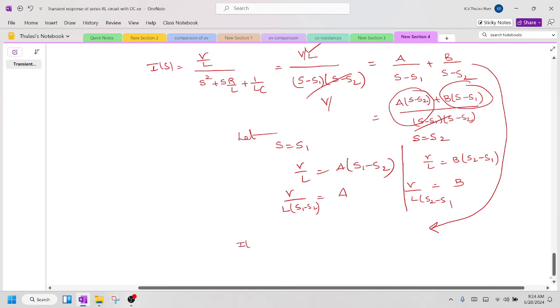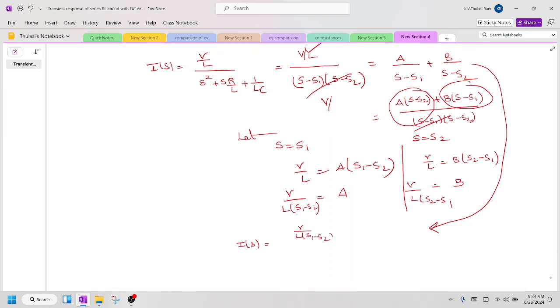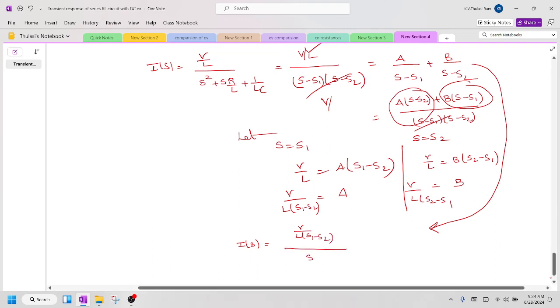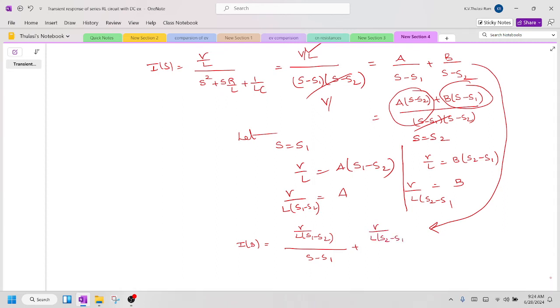Therefore, I of S is equal to V by L into S1 minus S2 divided by S minus S1, plus V by L into S2 minus S1 divided by S minus S2.